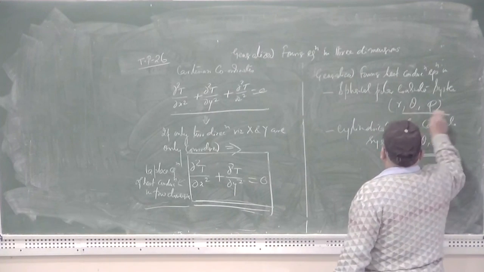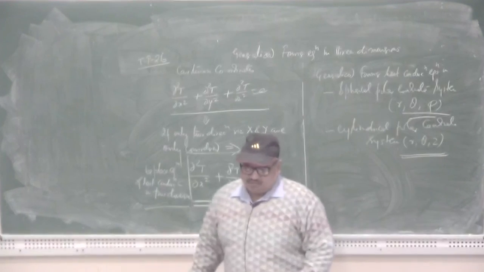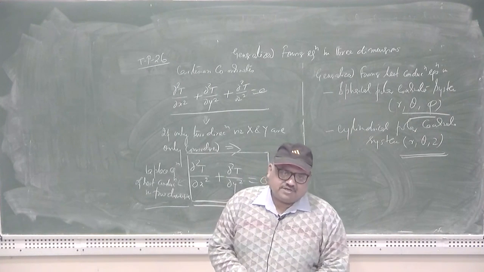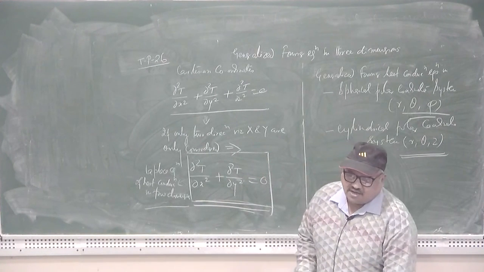Please go through the statement of the generalized Fourier heat conduction equation along these 2 systems of representation, along with the Cartesian coordinate data. Thank you.